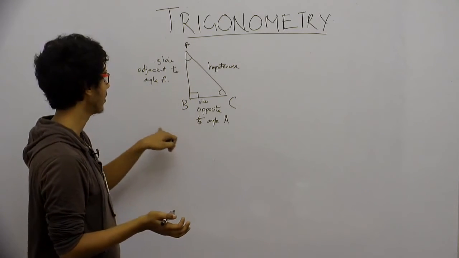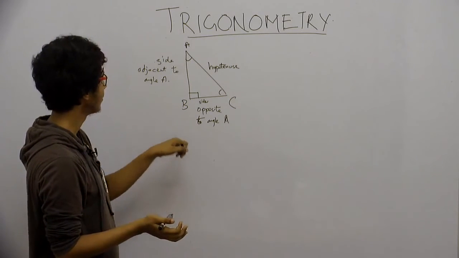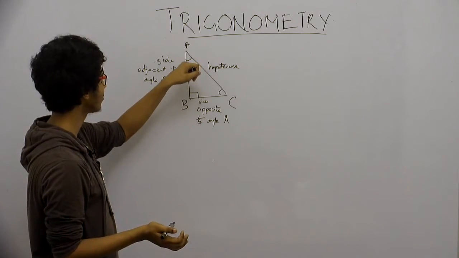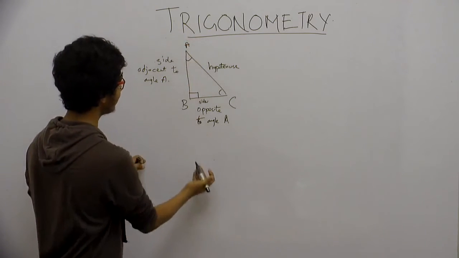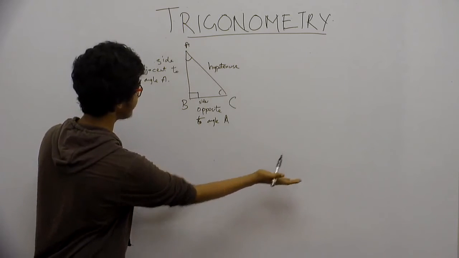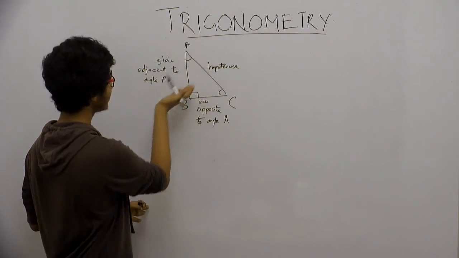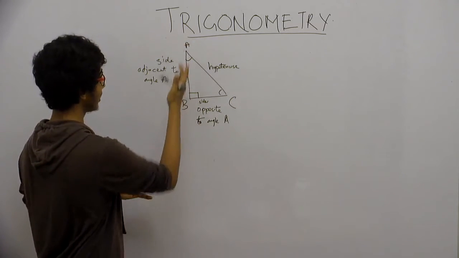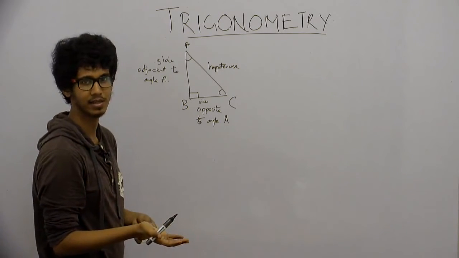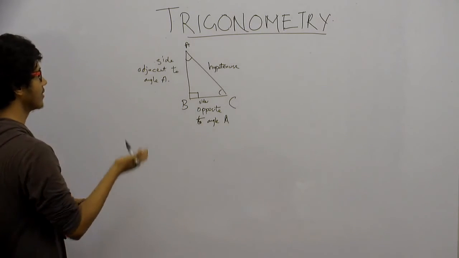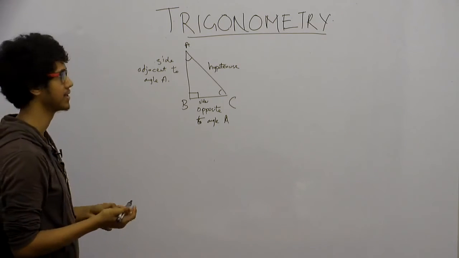This is a property of similar triangles, because when angle A is constant, even if we extend AB and AC accordingly and BC, since angle A is constant, BC upon AB and all the other ratios will remain the same, so the trigonometric ratios also remain the same.